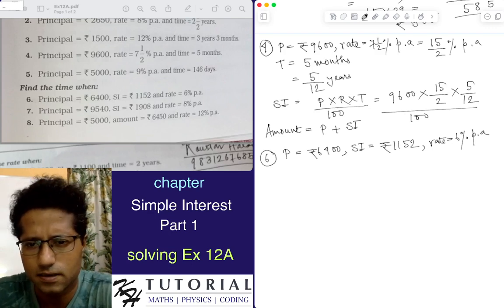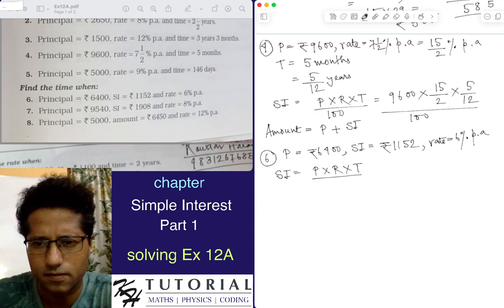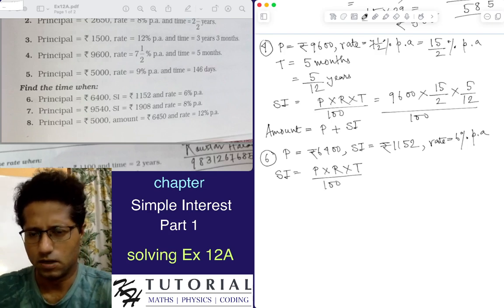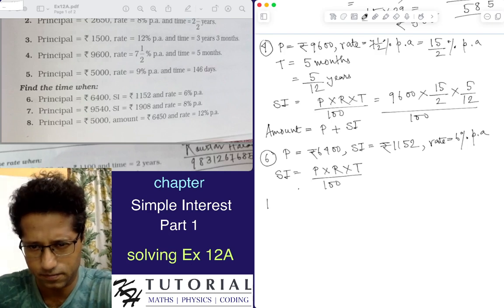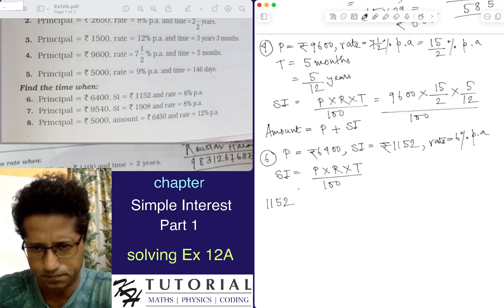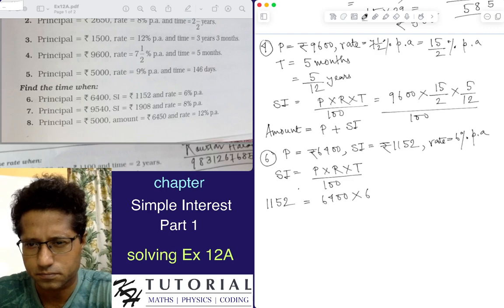Now we know that SI equals P into R into T divided by 100. Now if you put the given values, SI is given to be 1152 equals P is given to be 6,400, R is given to be 6. We have to find T.